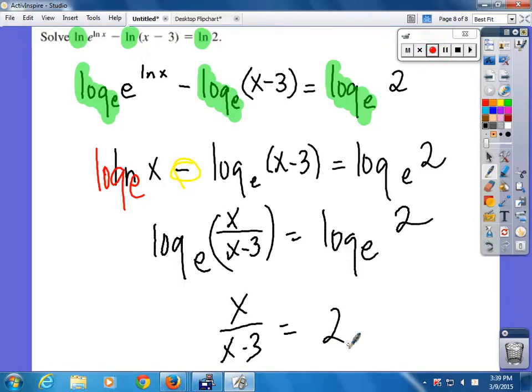Finish it. So I'm going to multiply both sides by x minus 3.